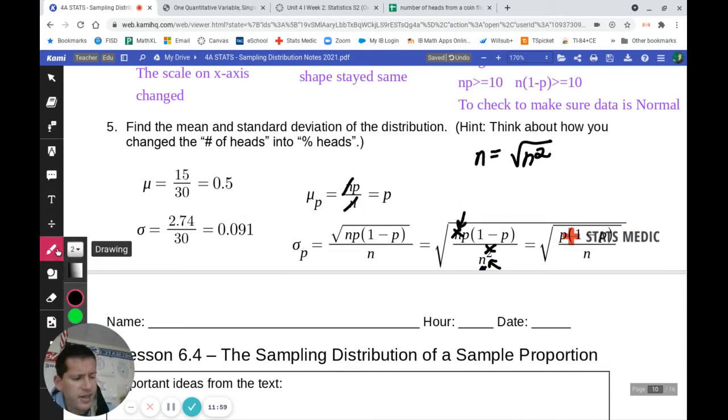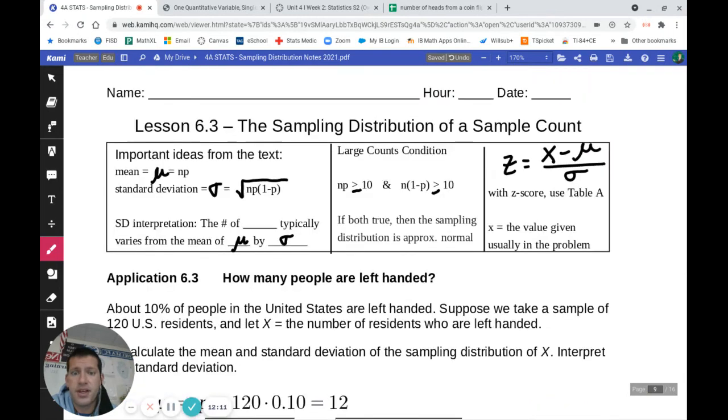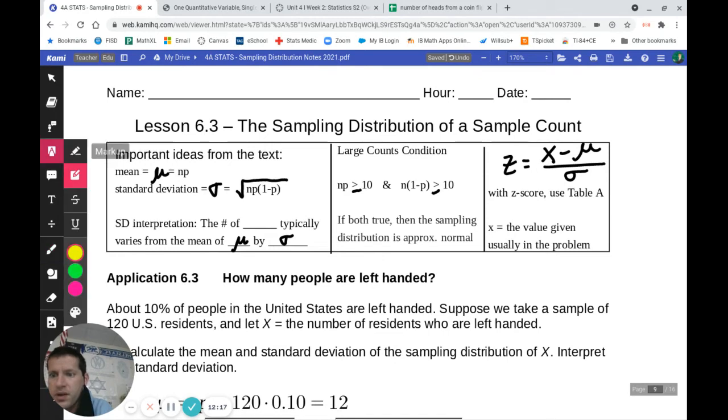And before I forget, let's make sure that we know that these are p hats. We're going to write this down in the box on the next page as well. On our previous page, we were looking at the sampling distribution of a sample count.